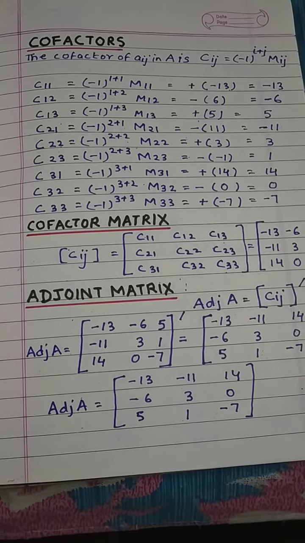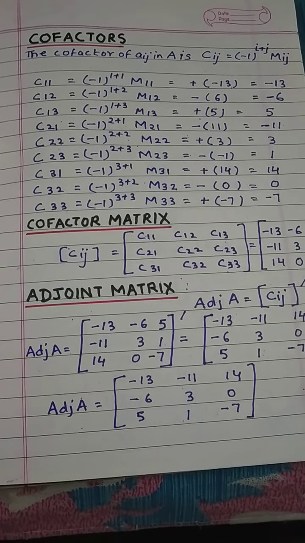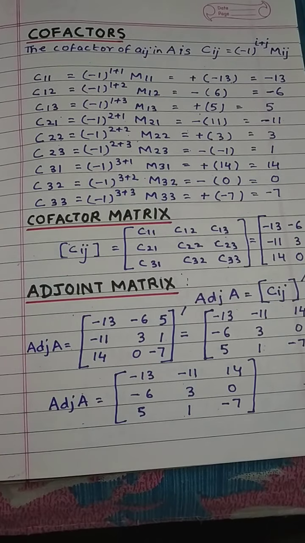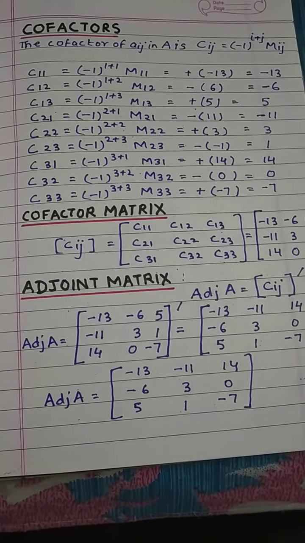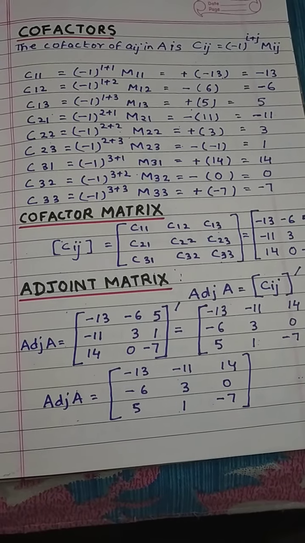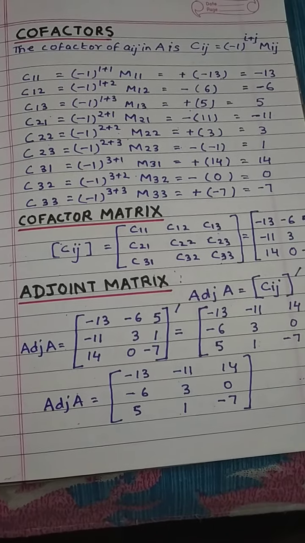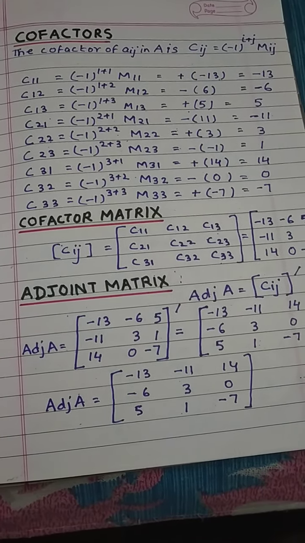Now once we have found out the minors of the matrix A having 3 rows and 3 columns, we get 9 values of minors: M11, M12, M13, M21, M22, M23, M31, M32, M33.